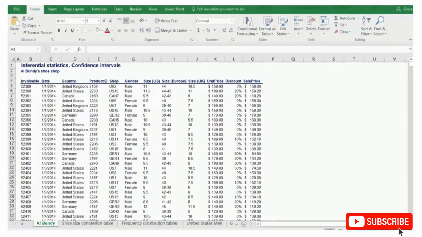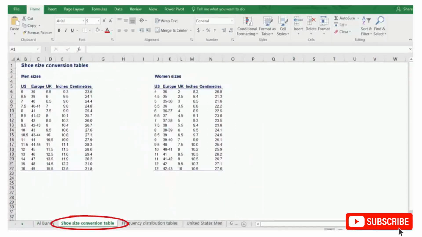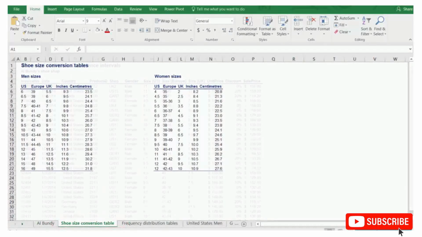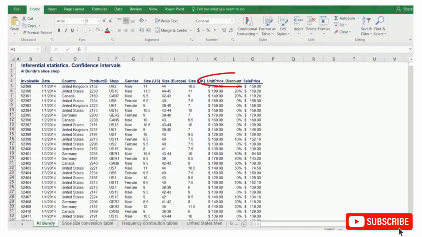Next, we have shoe size. Apart from the US size system, I have also included the European and the UK ones, so it is easier for you to understand the data if you are used to the other systems. This file will be provided for you, and you can check the shoe size conversion table if you would like to do that. Finally, there's the unit price for that sale and the discount that applies.